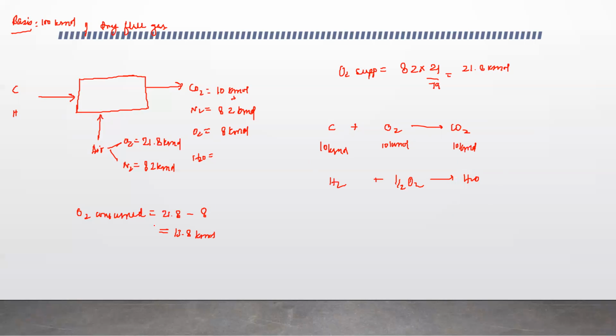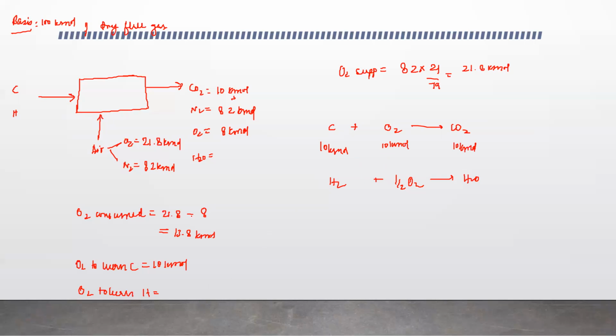So oxygen required to burn carbon is 10 kilomole. Therefore, what is the oxygen to burn hydrogen going to be? The total oxygen consumed is the oxygen consumed to burn carbon plus the oxygen consumed to burn hydrogen.